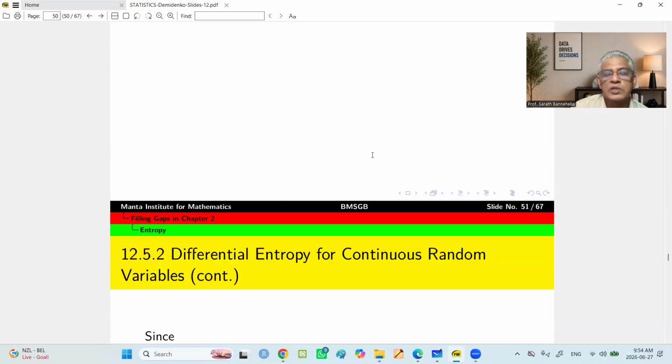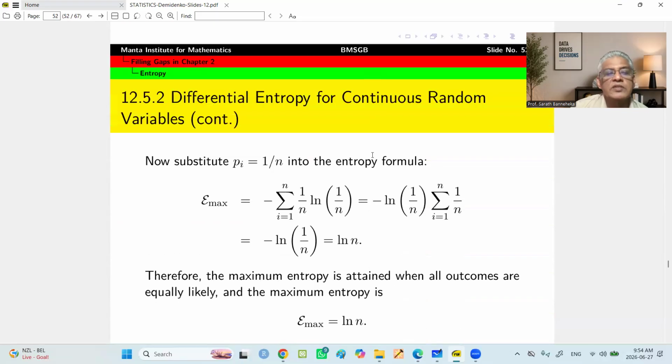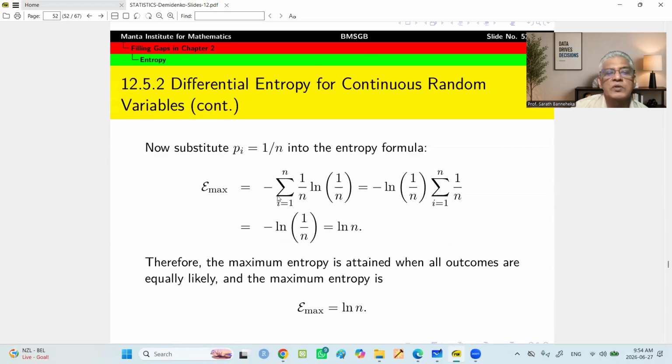Once you substitute that into the entropy formula, you will get this expression. The maximum is the sum of 1 over n times log 1 over n, and you can simplify this. Finally, you get log n as the maximum entropy.